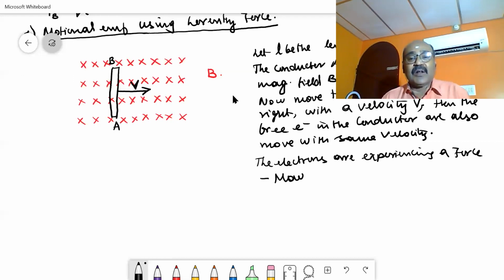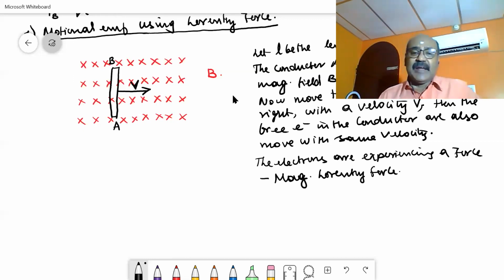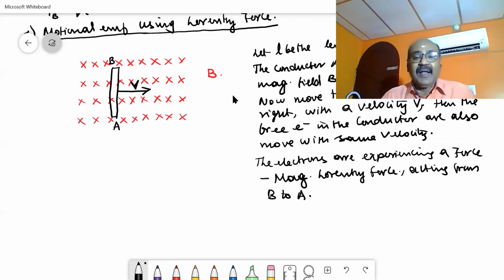What is that magnetic Lorentz force? It acts along which direction? Acting from B to A. Using Fleming's left hand rule, we are able to determine the direction. So what is that magnetic Lorentz force?